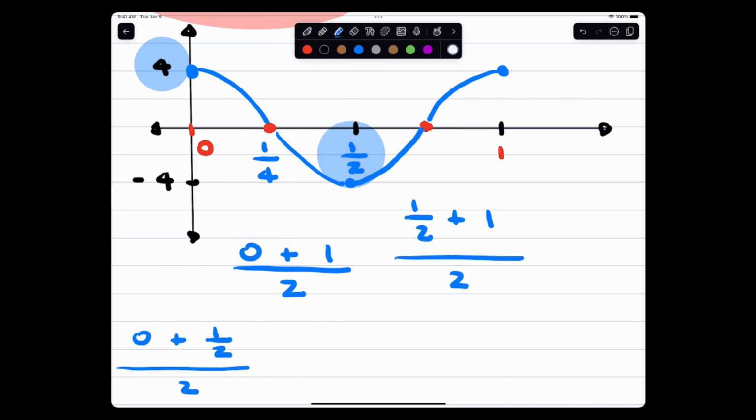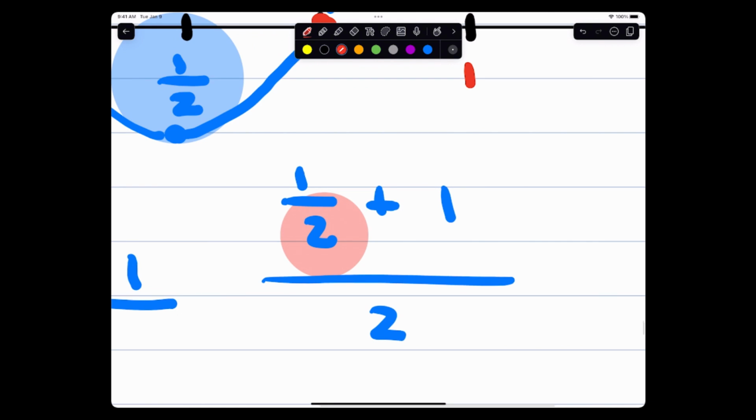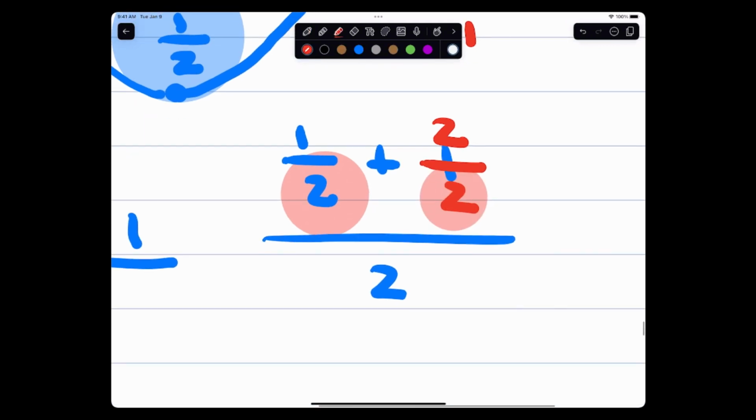And how do I add 1/2 plus 1? Do you guys remember? You replace 1 with 2 over 2. Isn't that 1? They now have the same exact denominator.